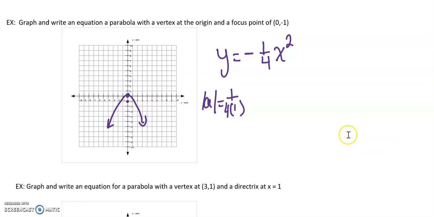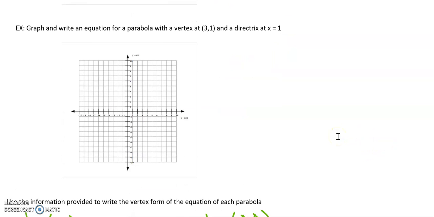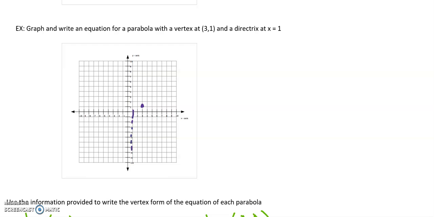All right, so let's try this one. Graph and write an equation for the parabola with a vertex of 3, 1. So here is 3, 1. And a directrix of x equals 1. So here is x equals 1.